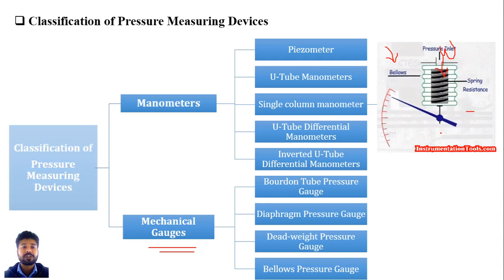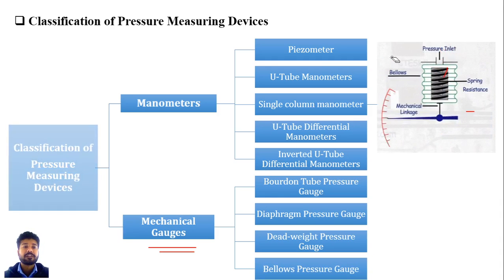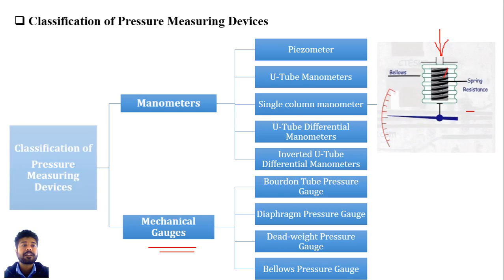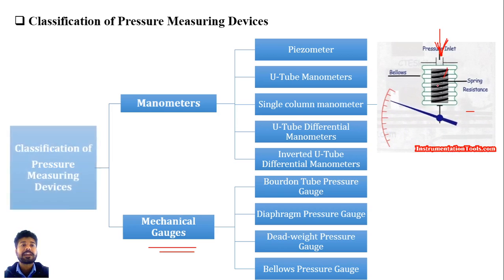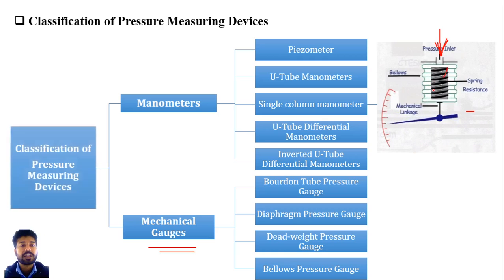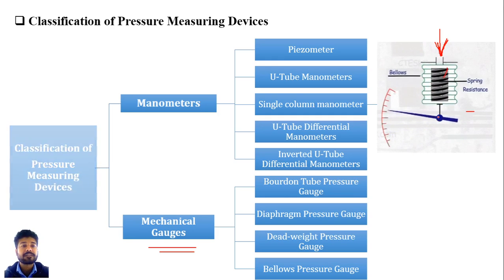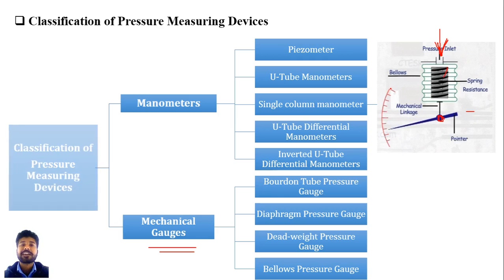And the fourth one is the bellow pressure gauge. In the bellow pressure gauge, the pressure is inlet this way, and it deflects your bellow, and by means of deflection this pointer directly shows you the current pressure of your system.